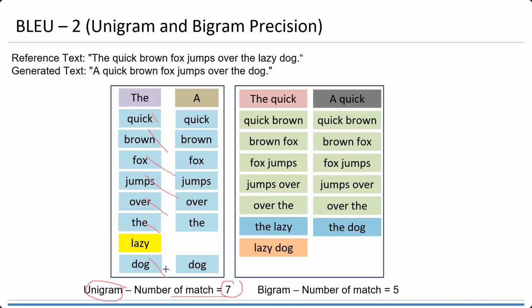For the bigram, you have the reference: the quick brown fox jumps over the lazy dog. And the other is: a quick brown fox jumps over the dog. So we have 1, 2, 3, 4, 5, which are matching.